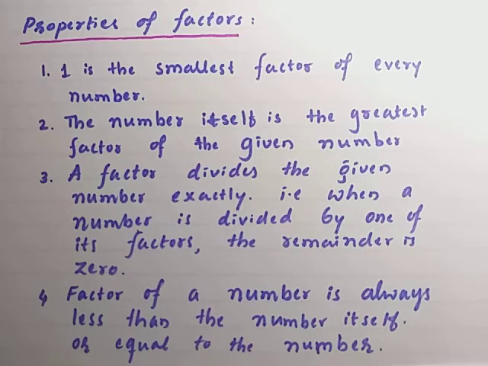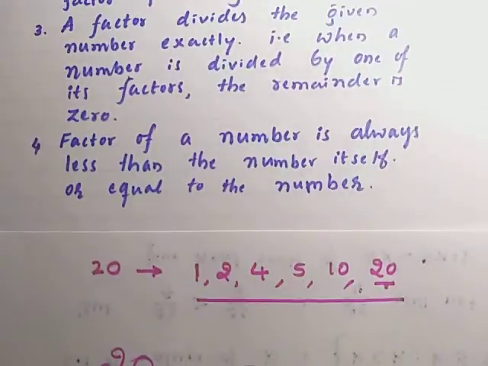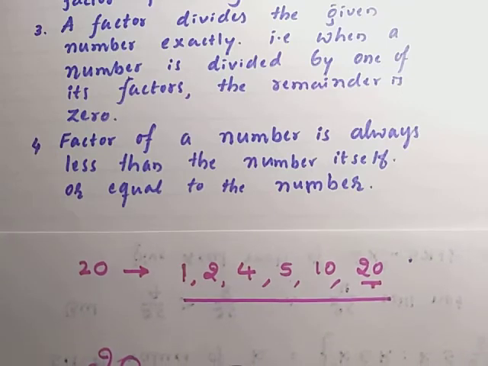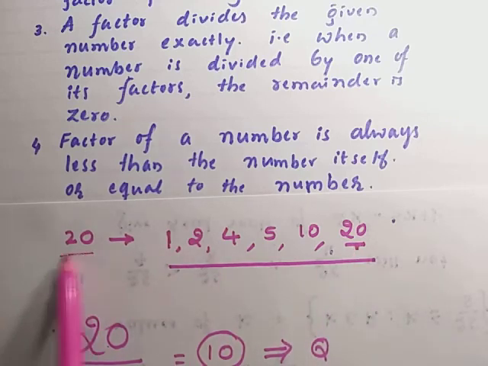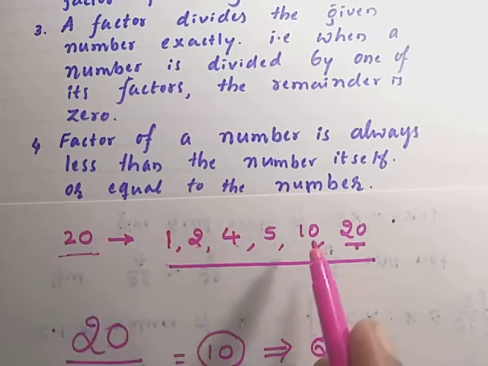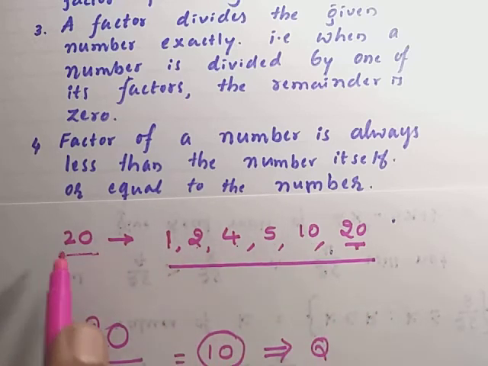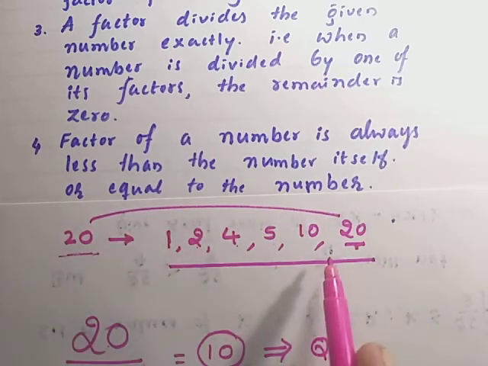And the next property of the factor. A factor of a number is always less than the number itself or equal to the number itself. Take the example here. All these factors are less than the given number, that is 20. 1 is less than 20, 2 is less than 20, 4 is less than 20, 5 is less than 20, 10 is less than 20, but it may be equal to the number also, that is 20 is equal to 20.